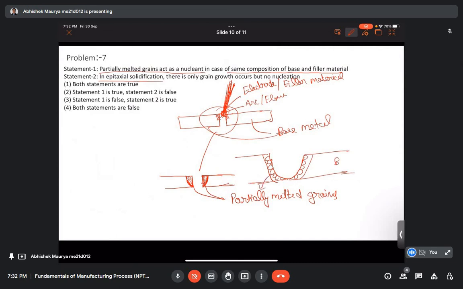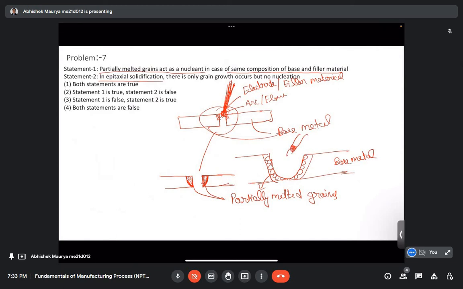These are the base metal, and we are adding molten material from the electrode, so that is getting filled in this whole region. That is the molten material.